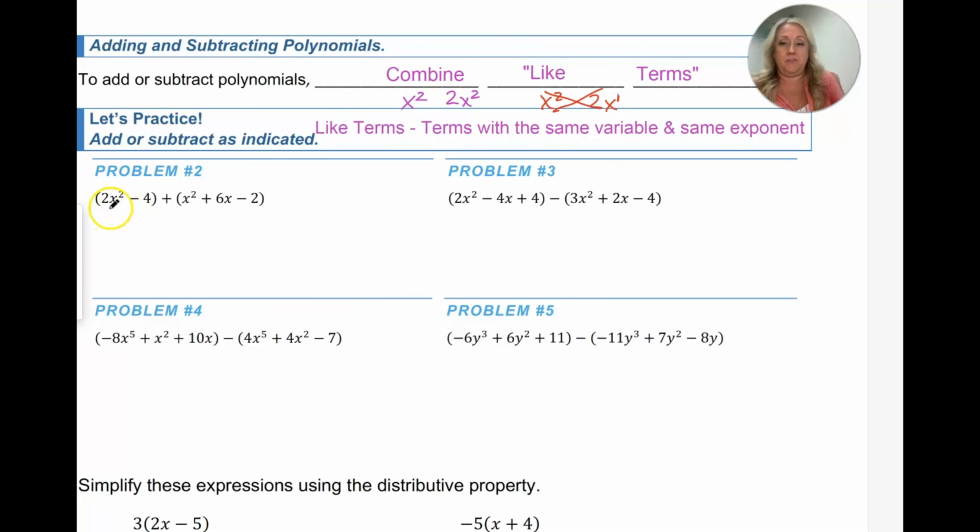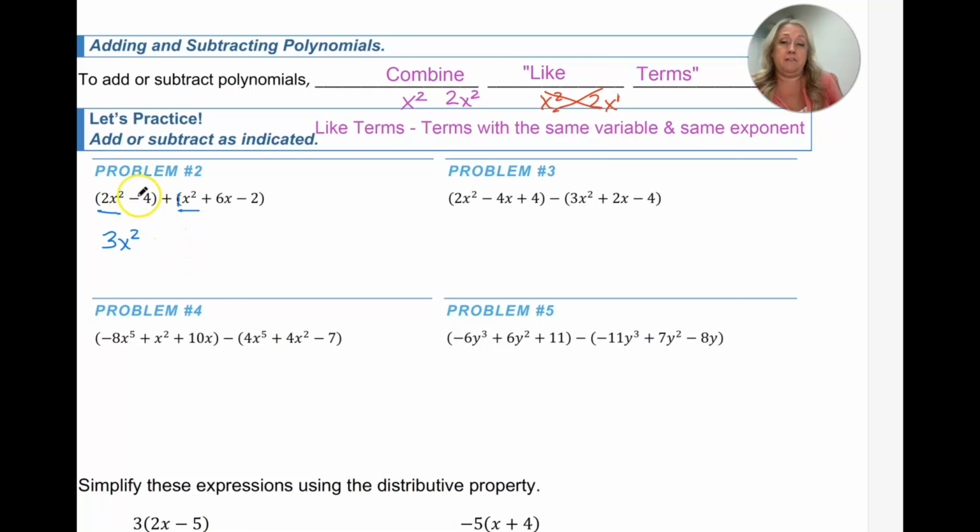All right, let's come down here and do that. So we have 2x squared minus 4 plus x squared plus 6x minus 2. So I can see that I have a 2x squared and an x squared. And there's really like an invisible 1 in front of that, so we want to remember that. So 2x squared plus 1x squared is going to give me 3x squared. All right, now if we're writing this in descending order, we want to look for x's next.